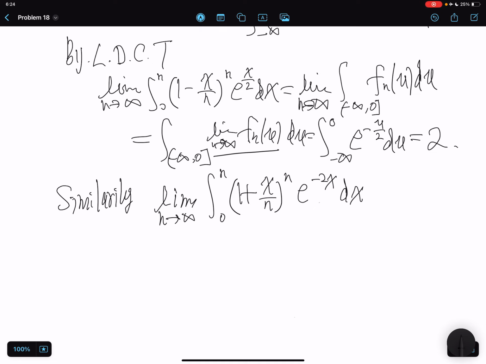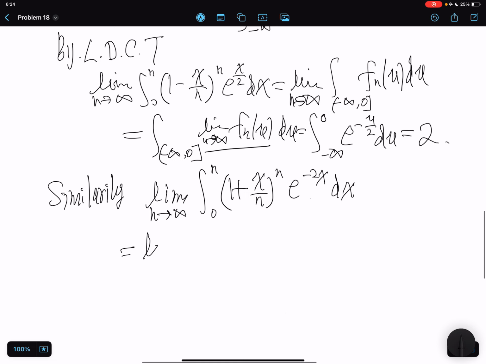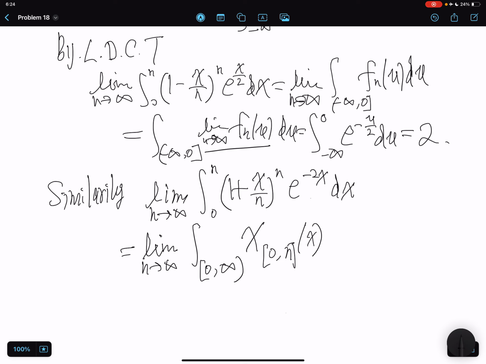And now if we do the same thing, this can be written as the limit as n goes to infinity of the integral from 0 to infinity of the characteristic function of 0 to n of x, times (1 + x/n)^n e^(-2x) dx.